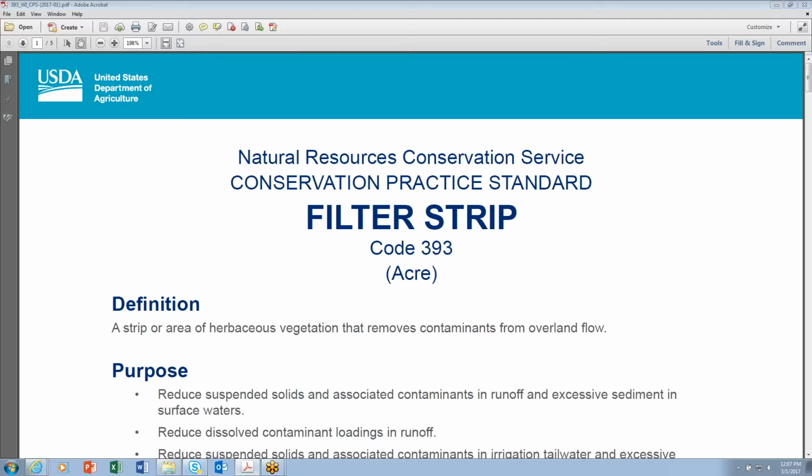So with the filter strip standard, we're making sure that we're focused on our slope. In the olden days, we only looked at percent of slope. Now we're looking at both length and steepness of slope. We're looking at the ability for the soil itself to infiltrate, so that we know we're going to be reducing our erosion or our runoff.